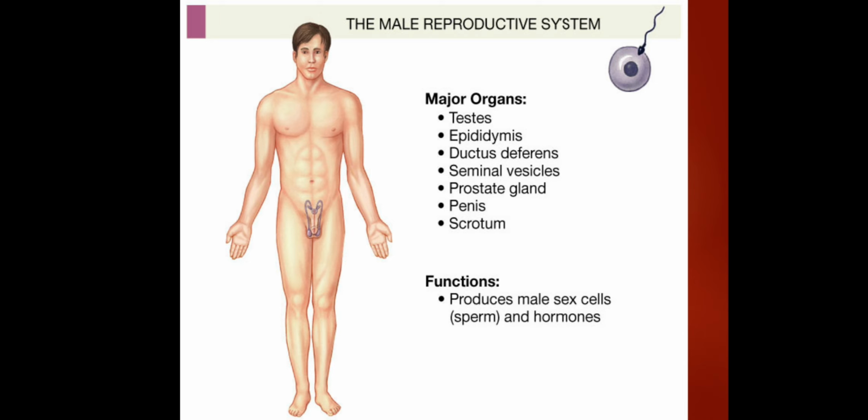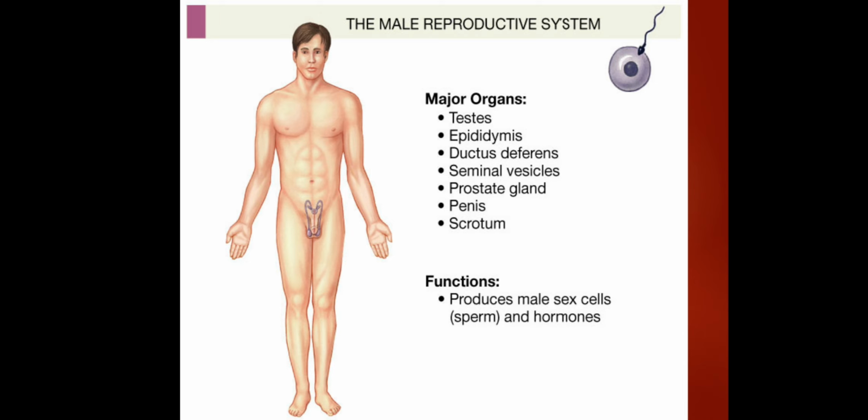The major function of the male reproductive system is to produce male sex cells, which are called sperm, and hormones. I will not be discussing it further because it's very understandable that the function of the male reproductive system is to produce male sex cells or sperm and hormones.